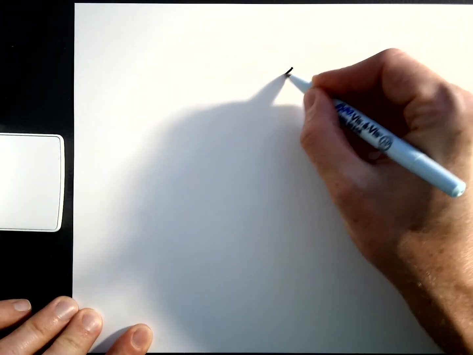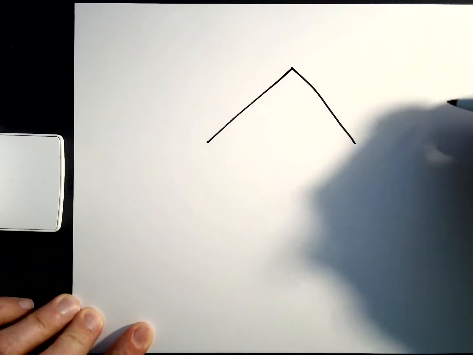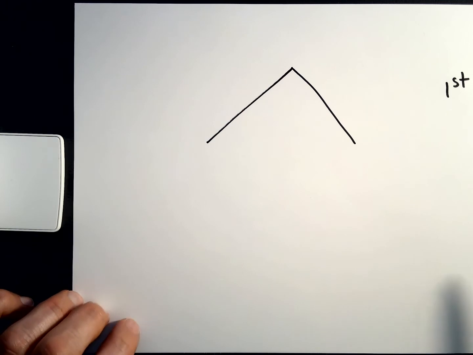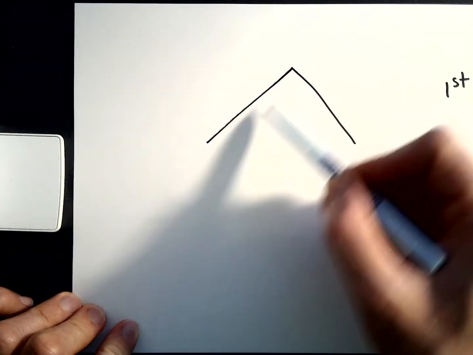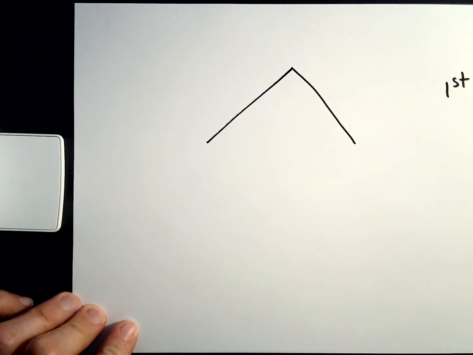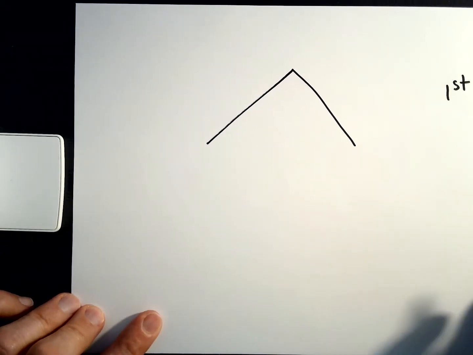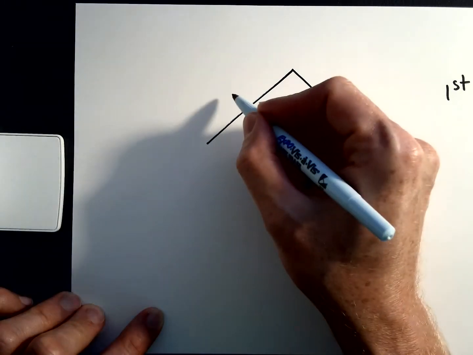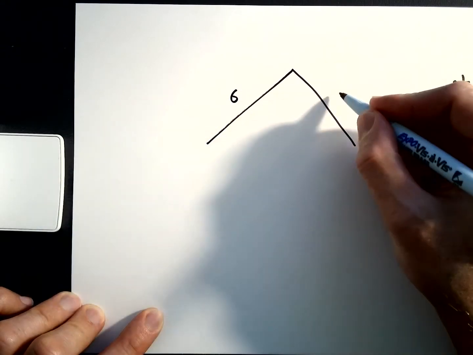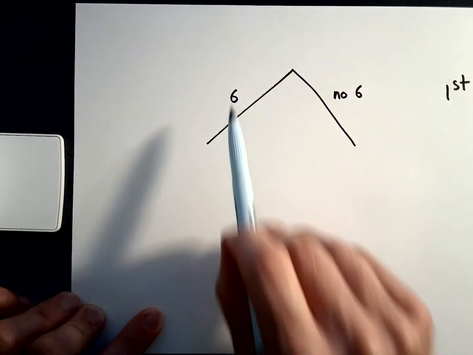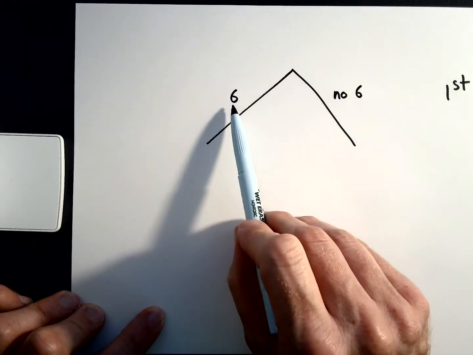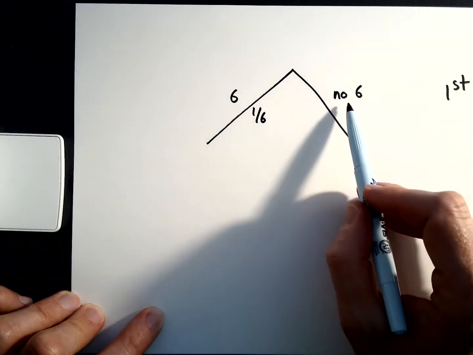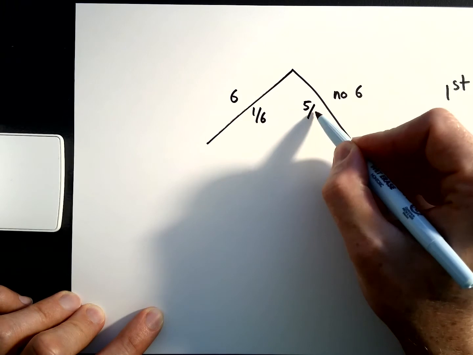Now, you have your first roll, and note that theoretically what you could do is draw a branch for each possible outcome, but since we are only interested in getting a 6 versus not getting a 6, we are only drawing 2 branches, where we say we have a 6 here and we have no 6 here. And of course, the probability of getting a 6 on a die roll is 1 over 6, and rolling anything else is 5 over 6.